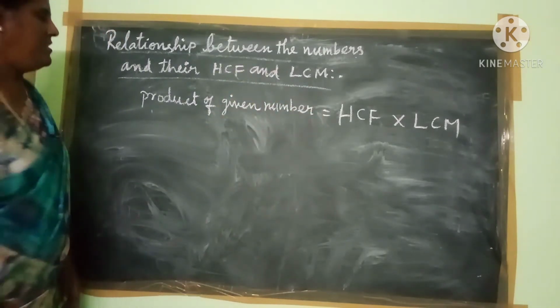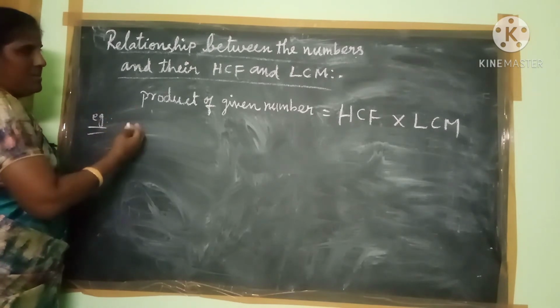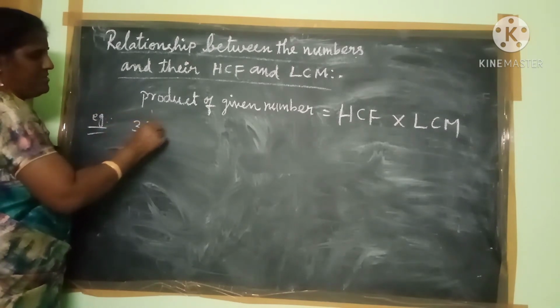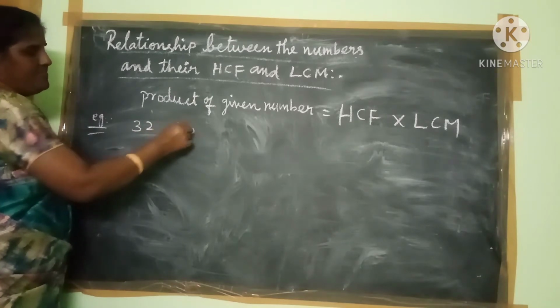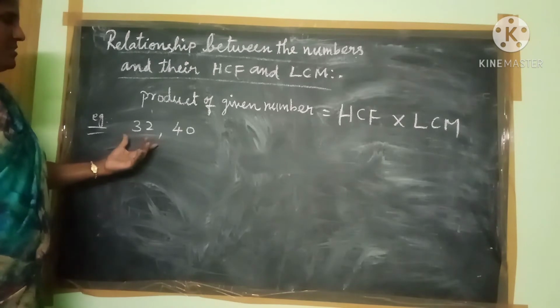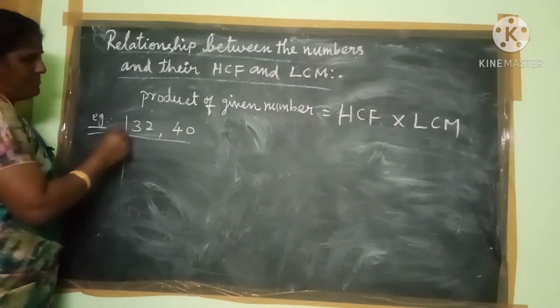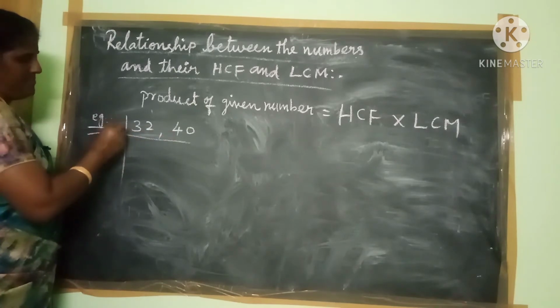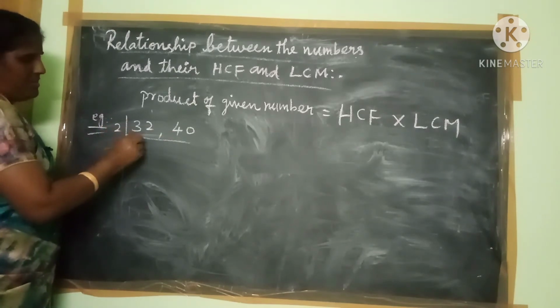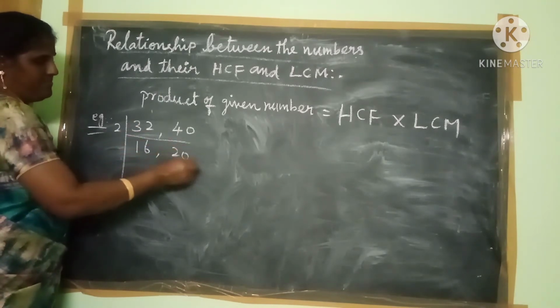For example, I am going to take any two numbers, just take 32 and 40. First you find out the HCF and LCM of these two numbers. First you take the 2 table: 1 time, 16 time and 20 time.